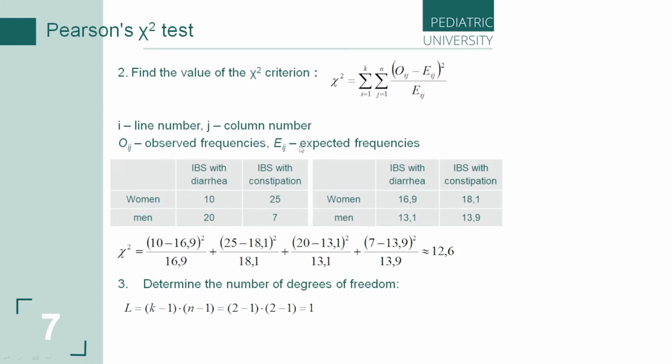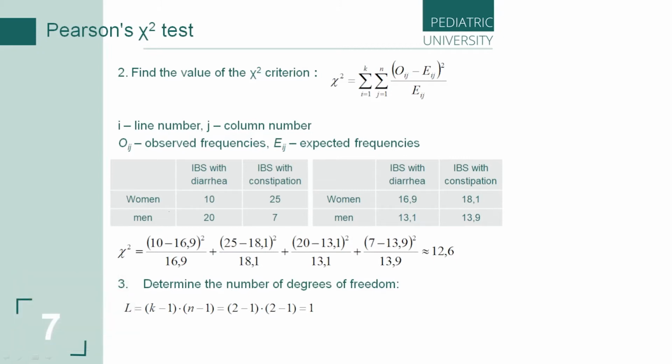The first letter E, expected. So the first table shows the observed frequencies, but the second table shows the expected frequencies. Let's consider that the frequency of men with constipation is 7. You can see.